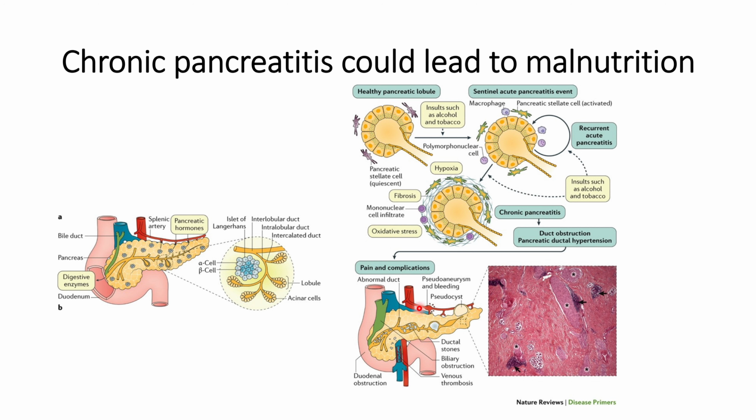The first one is that a pseudocyst will develop in the pancreas, and that will lead to pain for the patients. At the same time, obstruction in the biliary duct and duodenal duct will also occur, and venous thrombosis formation will cause further aggravated pain to the patients.